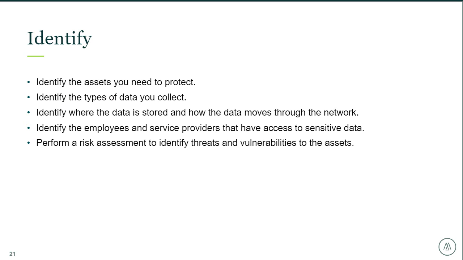So first off, you need to identify what you have. So hardware, software, where is it, and what types of data either is being stored on that system or being transmitted through the system. So knowing all of these systems, whether they're on-premise or up in the cloud, we have to know everything that we've got.